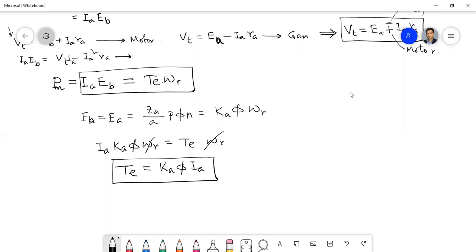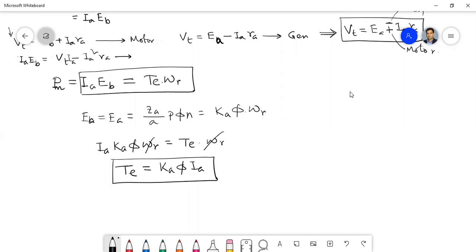Then I logged in from a different connection because that connection was giving lots of trouble. So for 2 or 3 minutes, I was out of this class.